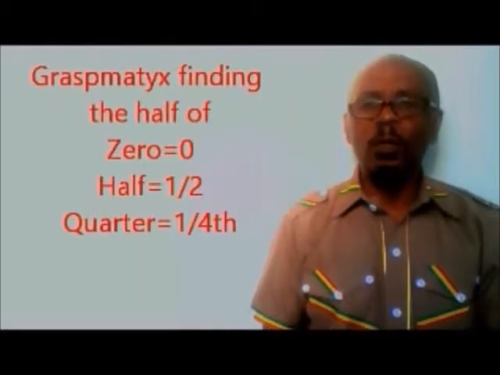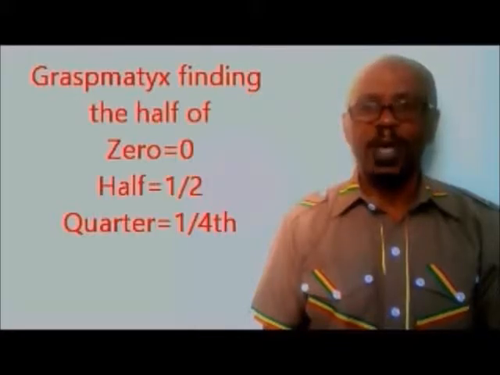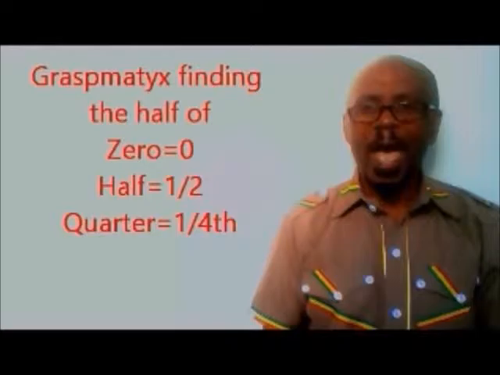But when it comes to odd numbers, surprisingly, a lot of students, including teachers, are struggling finding the half to odd numbers. For example, when I ask students, what is the half of 1? They would tell me there's no half to 1 because 1 is an odd number. That's what they would say.